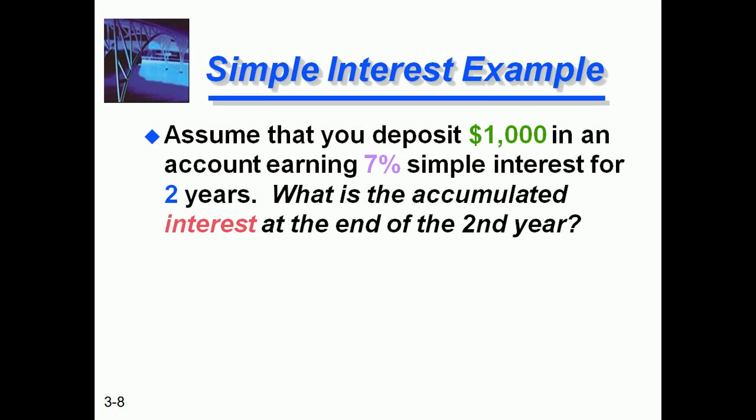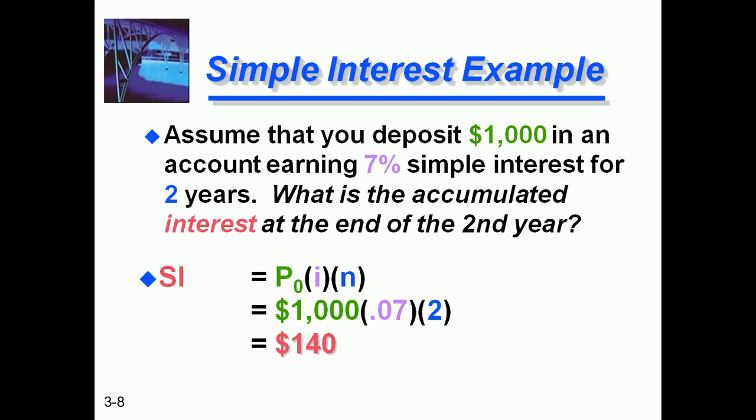Here is another example. Assume that you deposit $1,000 in an account earning 7% simple interest for 2 years. What is the accumulated interest at the end of the second year? It means you deposited 1,000, the bank is paying you 7% interest, and you are depositing this money for 2 years. So he is asking how much interest you will earn at the end of the second year.